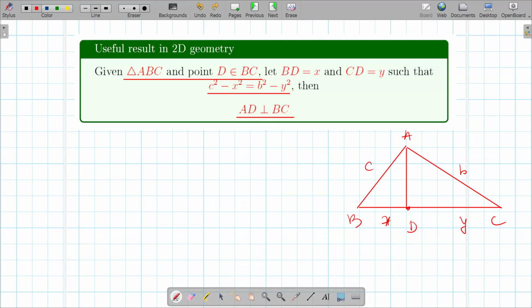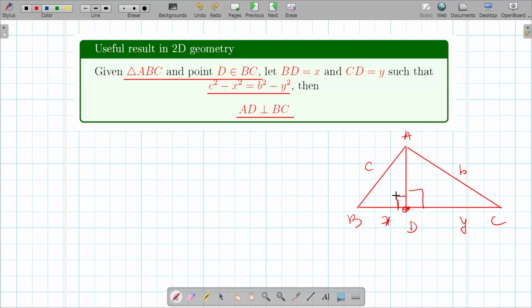What's going on here? Clearly, if AD is perpendicular on BC, we've got this perpendicular right here. And if we apply the Pythagorean theorem in the two triangles ABD and ACD, the conclusion follows right away, no?